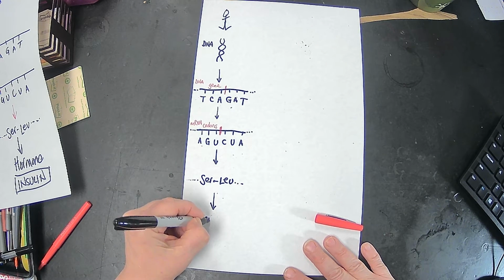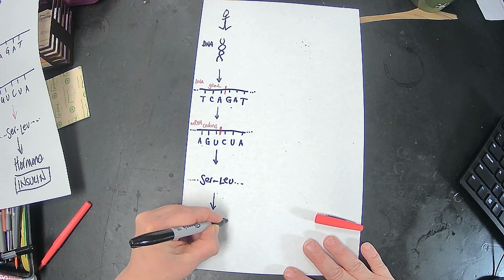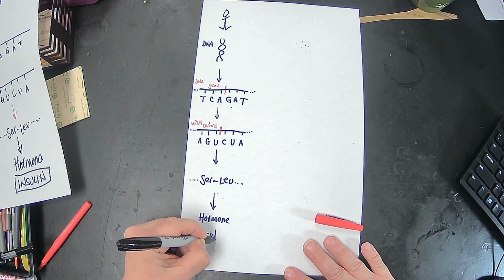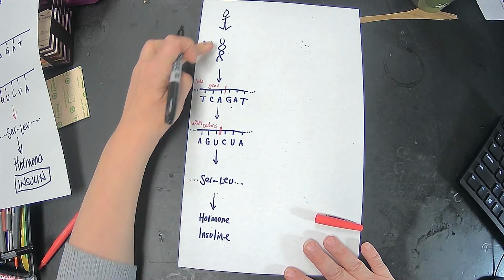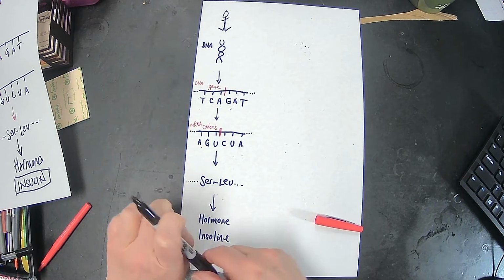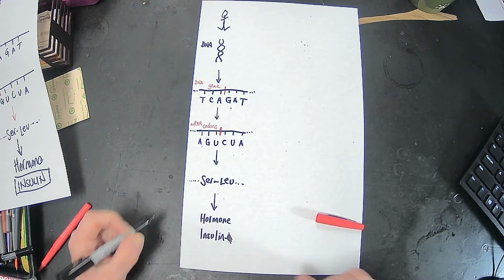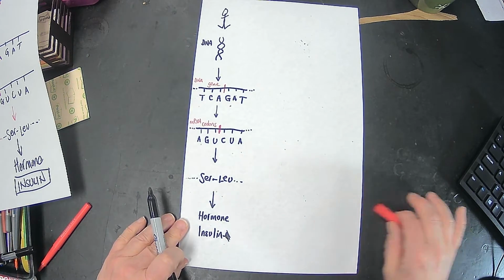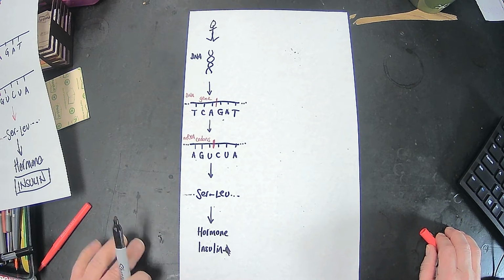So for example, let's say that this one folds up to become the hormone insulin. So that sequence of DNA there codes for insulin. Great. That's what normal healthy people do.